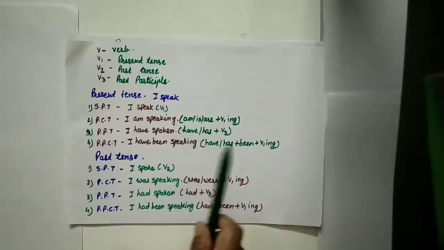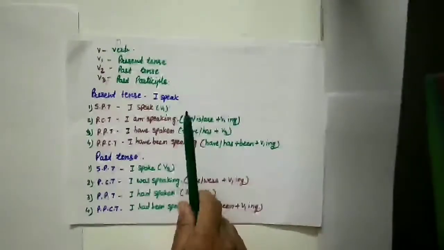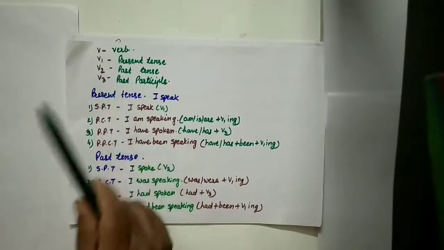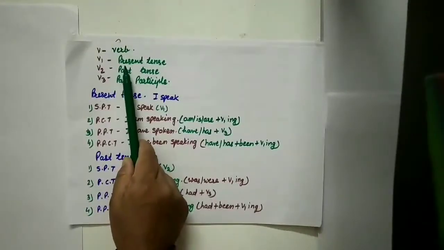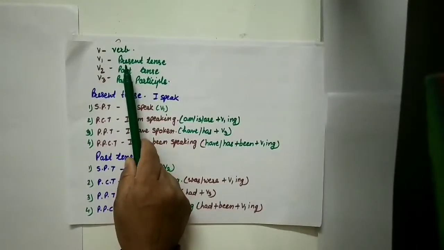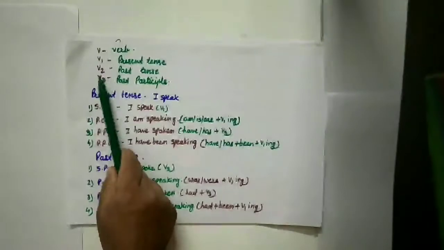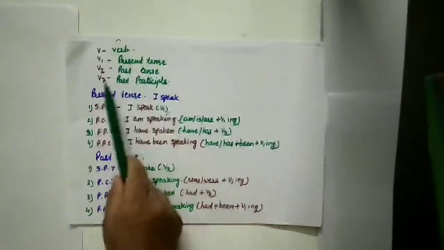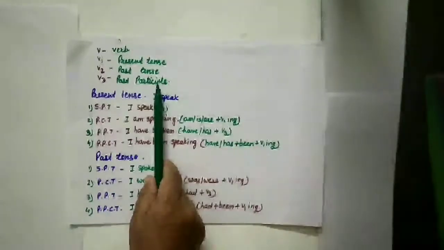Before starting, let's understand what is meant by V, V1, V2 and V3. V means verb. V1 means the verb is in the present tense. V2 means the verb is in the past tense, and V3 means the verb is in the past participle.